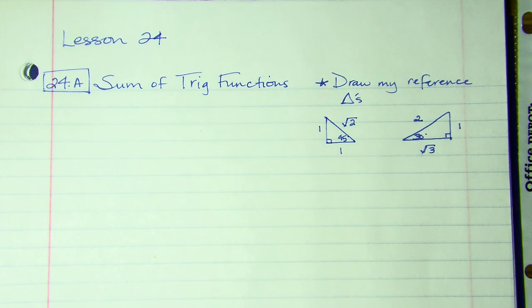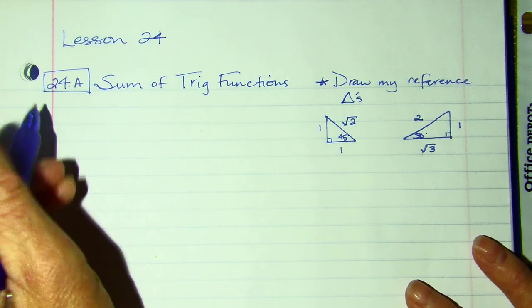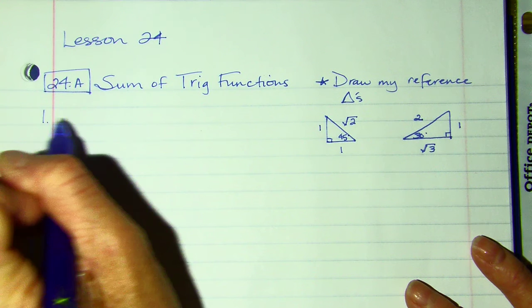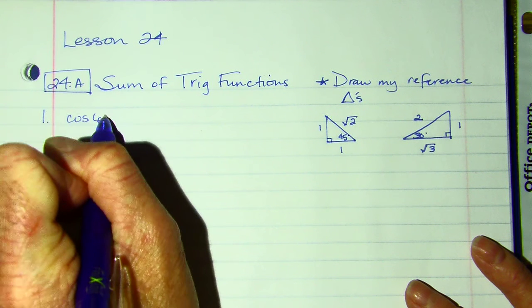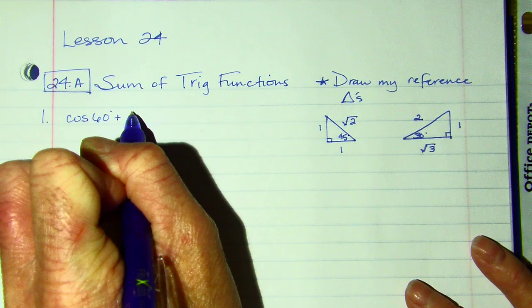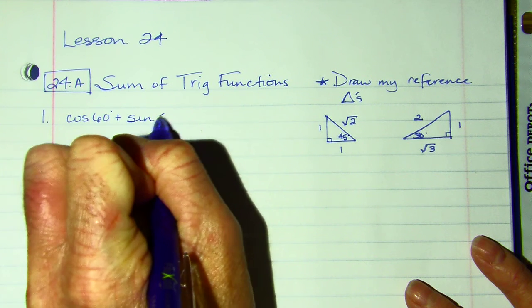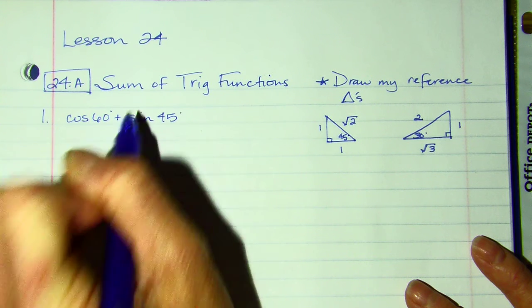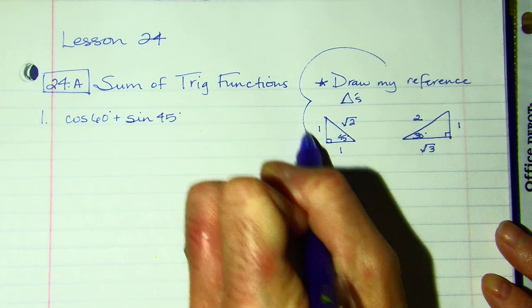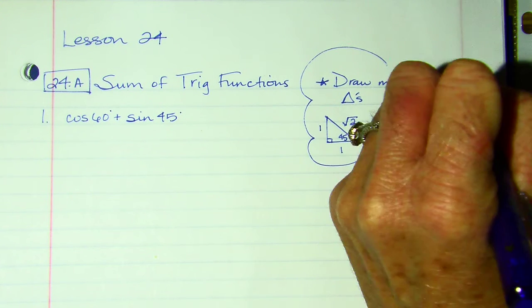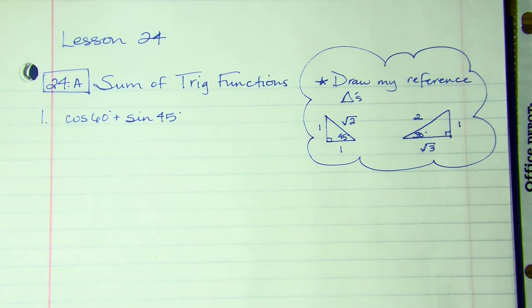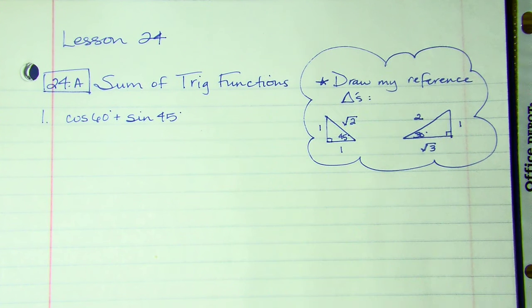Okay, so here we go. On example 1, what is the cosine of 60 degrees plus the sine of 45 degrees? Now I'm going to put this in a little bubble. You can write these on your test. That would not be cheating. Draw these on the top because you will be using them a lot.